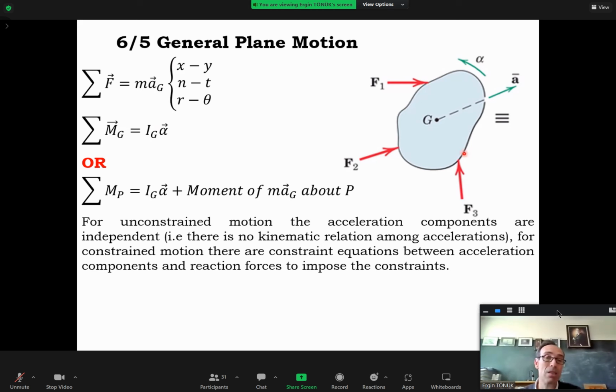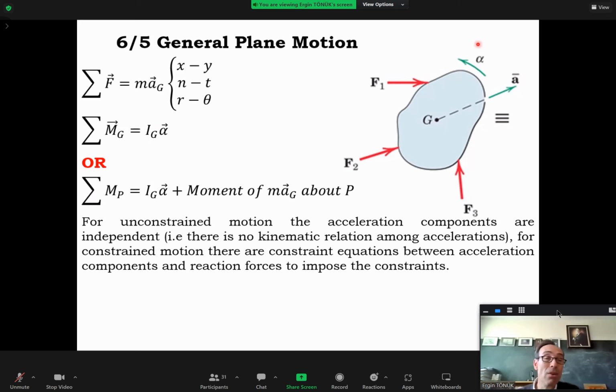For example, for this body, it's unconstrained. So whatever forces you apply, the resultant is going to tell which direction a_G is going to be, and the moment of those forces about the mass center is going to tell you what alpha is going to be. That's all.